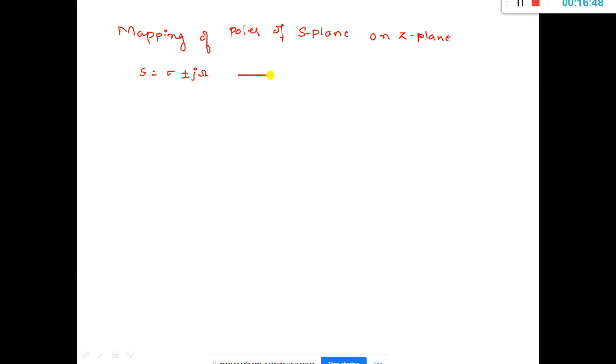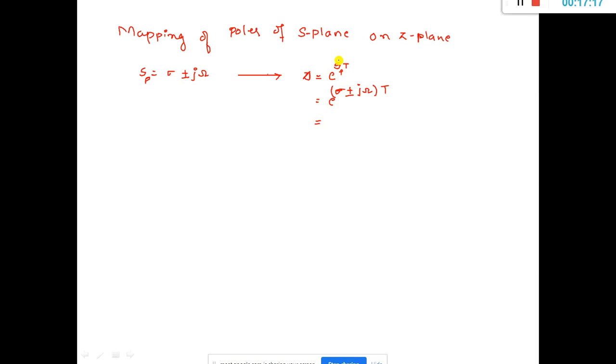Now if I move to its equivalent value in z, what is the definition of the z transform? z is nothing but e to the power of s into t, so this is e to the power of sigma plus or minus j omega t. This is s p, or you can take s or s p, whatever it is.